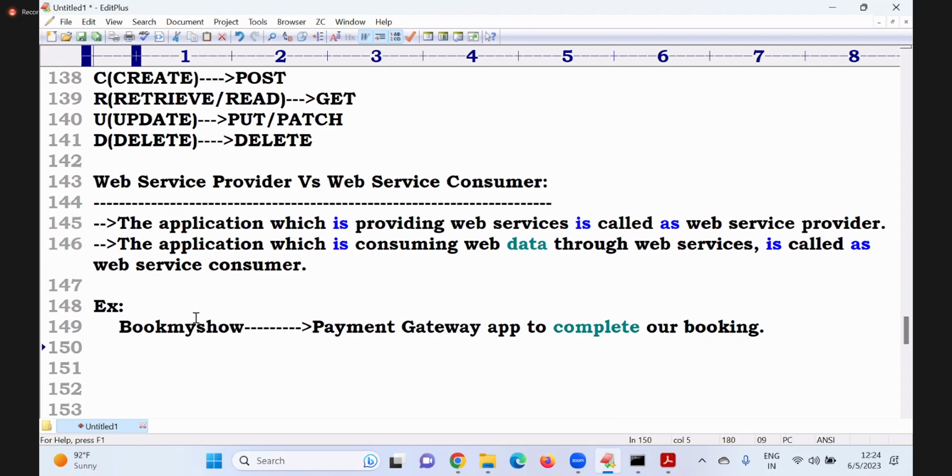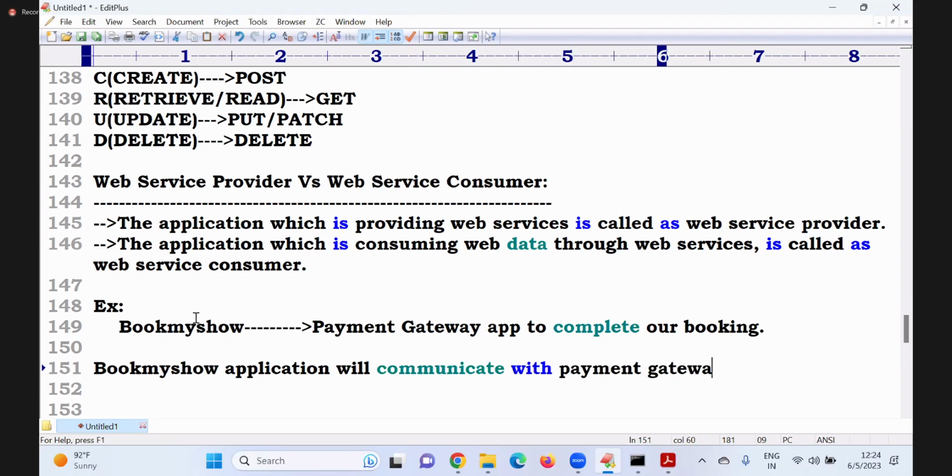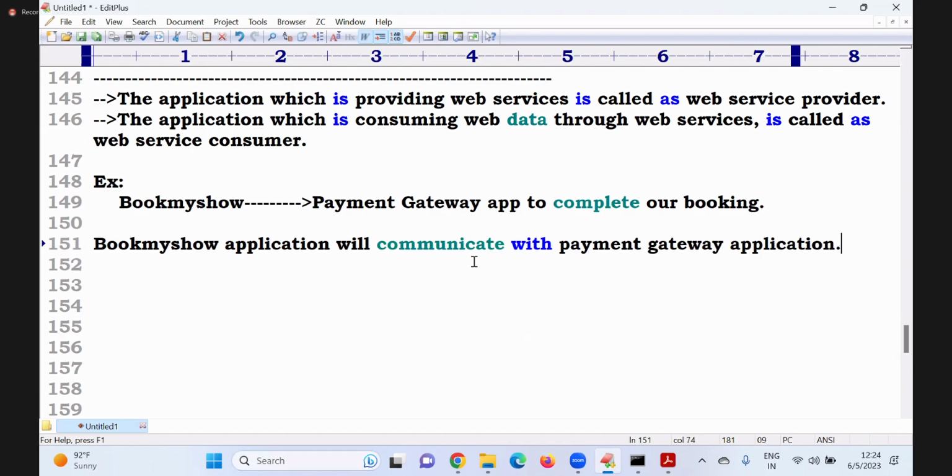So in this case, the Book My Show application will communicate with the payment gateway application. Same as I just said, Mahesh Jobs communicating with SMS Grid.